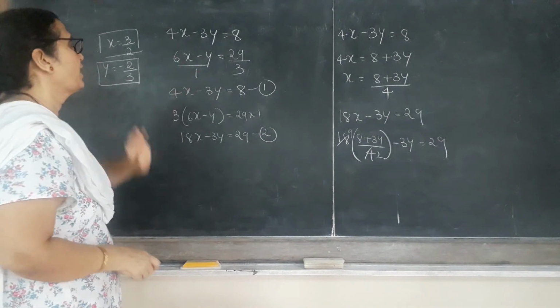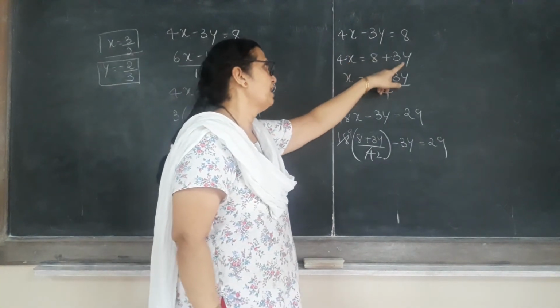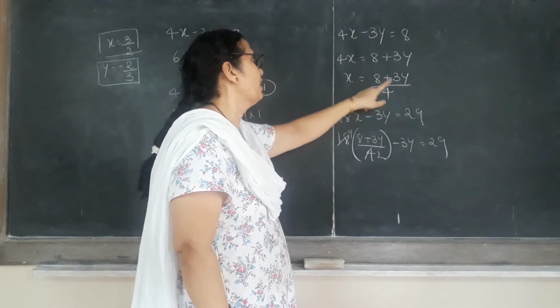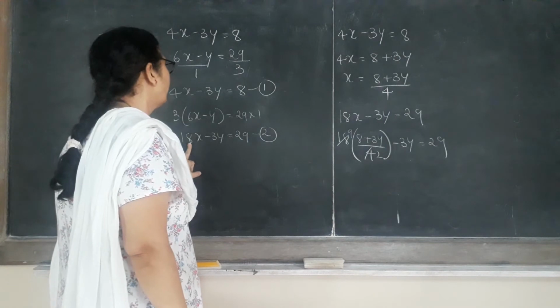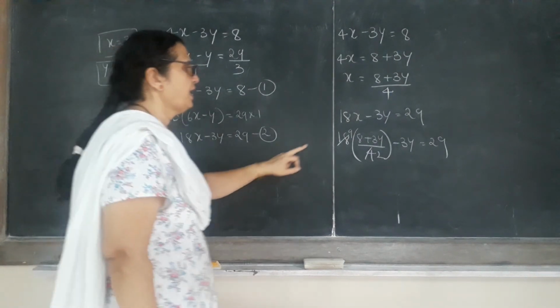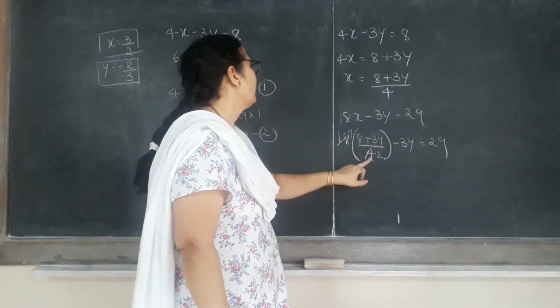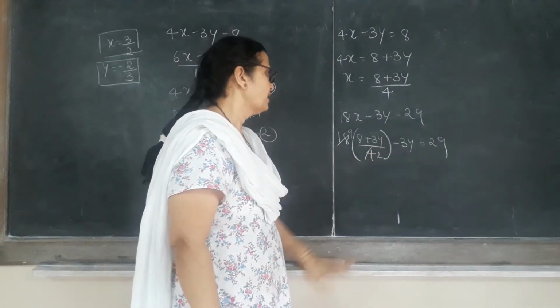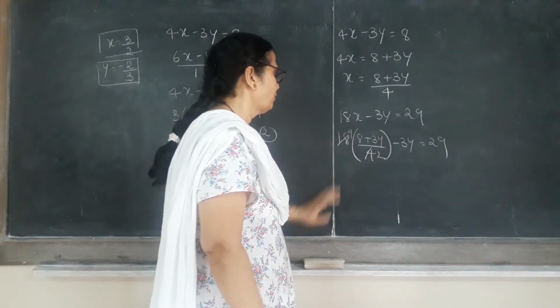First I am taking 4x minus 3y is 8. 4x can be written as 8 plus 3y. X is equal to 8 plus 3y upon 4. Take the equation 18x minus 3y is equal to 29. 18x can be written as 8 plus 3y upon 4 minus 3y is equal to 29. We can cancel. 2 2s are 2, 9s.